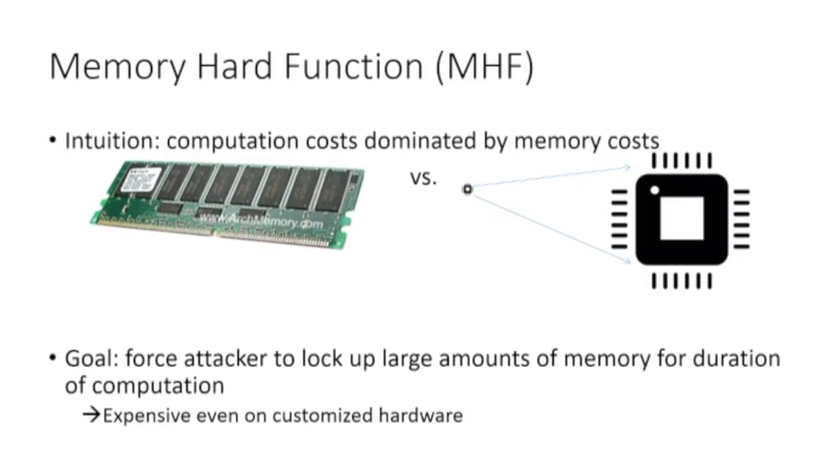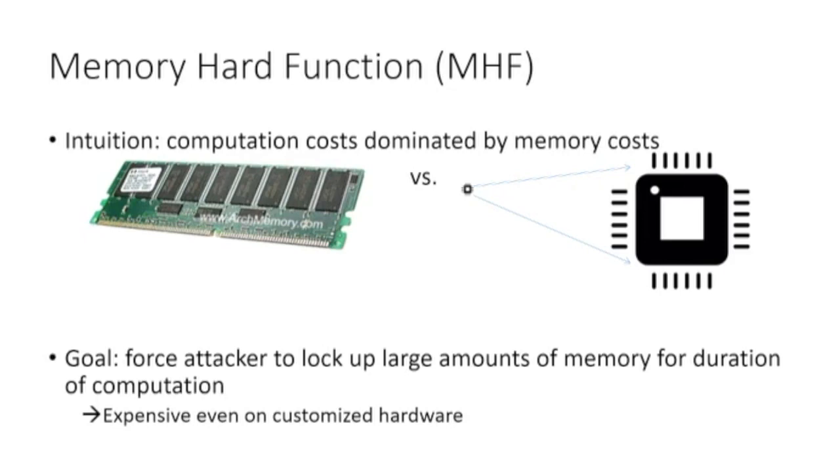And I claim that this means that the function is still going to be expensive even on customized hardware. Why is that? Well, two reasons. You can optimize programs by building customized circuits, but really the cost of memory on an ASIC is roughly the same cost that you would pay to put that memory on your personal computer.